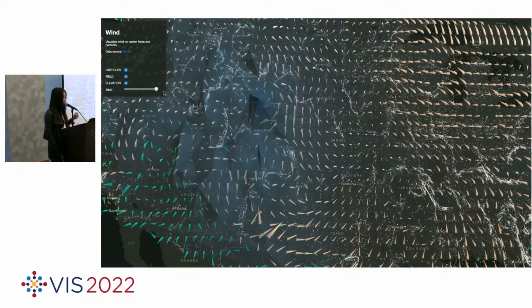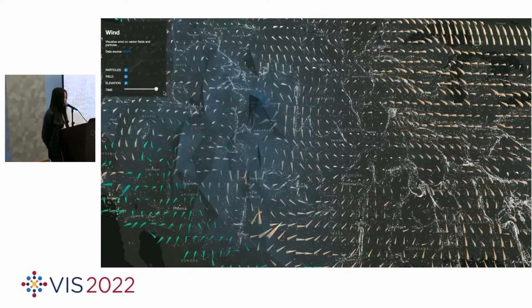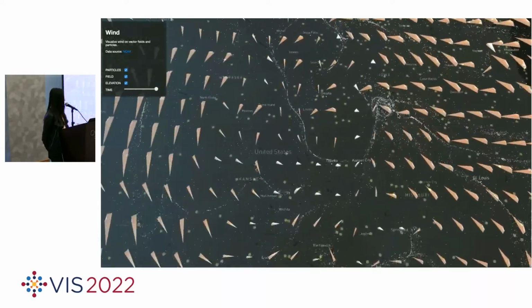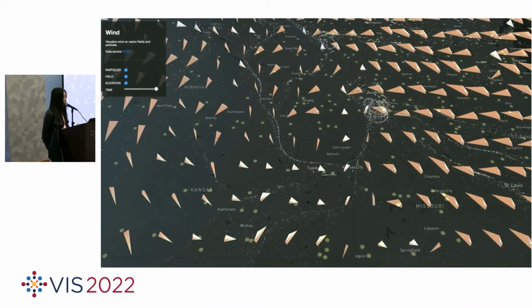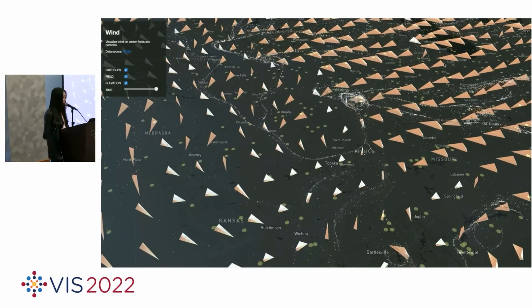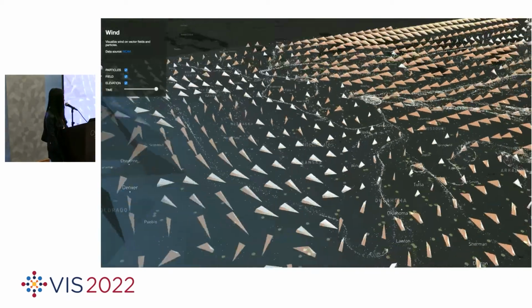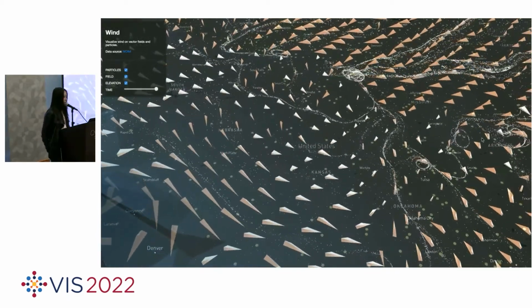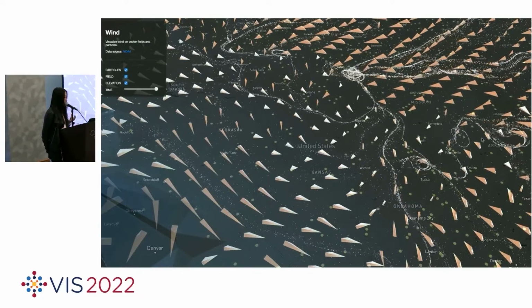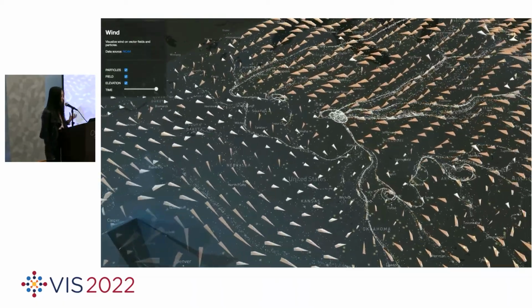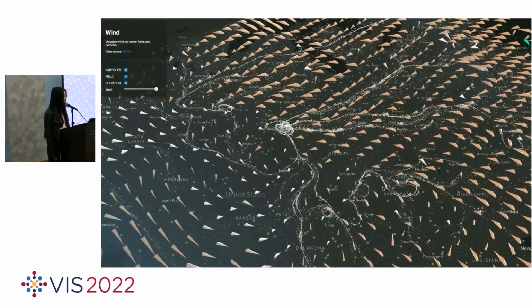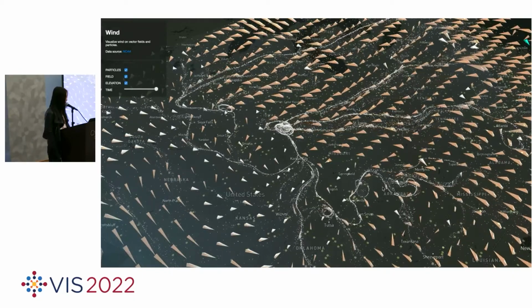We use these arrow shapes to represent the direction of the wind, and these floating particles to simulate the actual airflow. This is what we usually do in real-world map design: we combine different symbols together to represent a whole story.